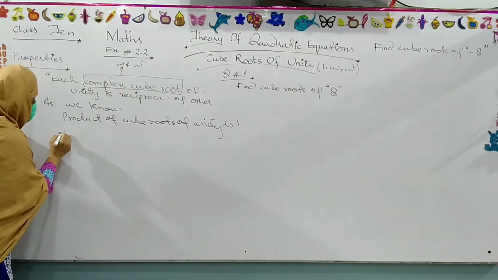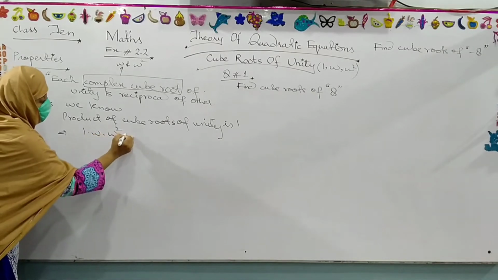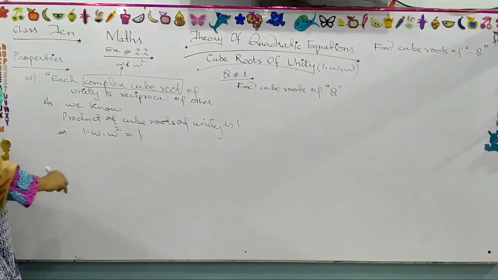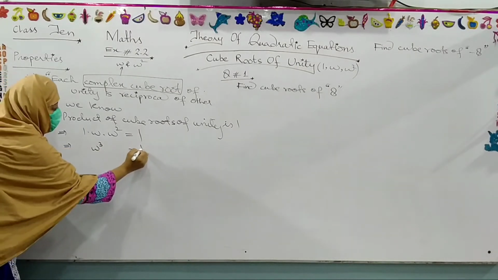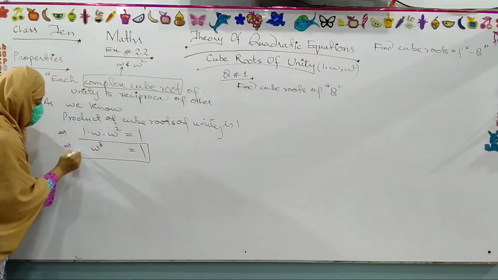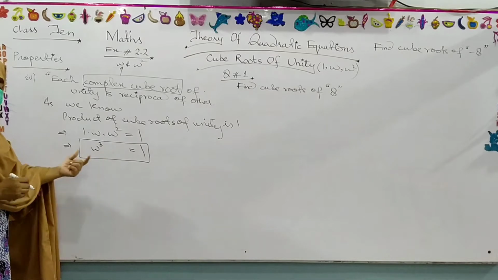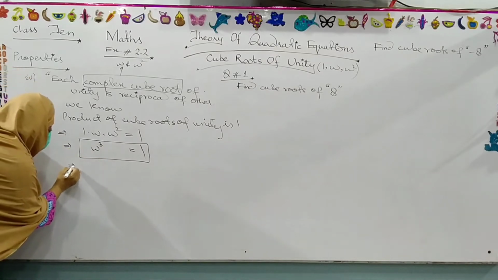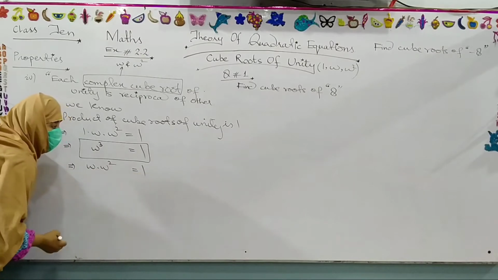So I can say 1 into omega into omega square is equal to 1. I can say omega cube is equal to 1. Now this rule I will use. Can you split omega cube into two factors? Yes. I can say omega into omega square is equal to 1.